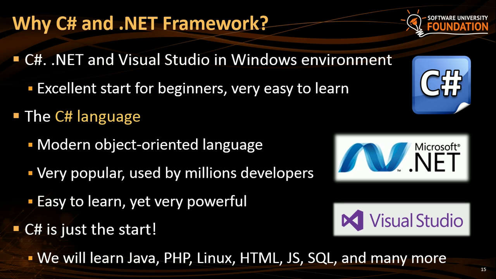Later, we'll pass through Java, PHP, Linux, HTML, SQL, and many other languages, as well as many technologies like jQuery, Entity Framework, XML. So you will learn 5 to 10 languages in the academy, 20 to 50 technologies, things like jQuery, Kendo UI, for example, or Entity Framework, or the Java parser for XML.